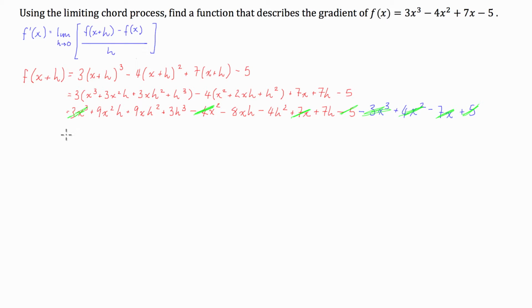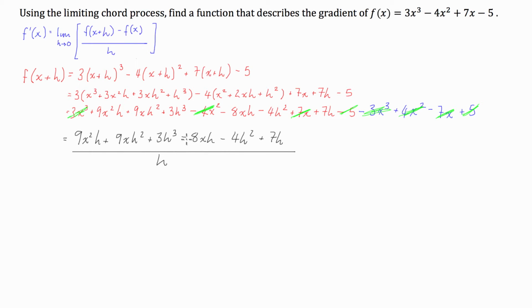After that, the top line of our definition of a derivative is now going to look like this: 9x squared h plus 9x h squared plus 3h cubed minus 8xh minus 4h squared plus 7h. And now we'll put this all over the bottom, which is all divided by h.